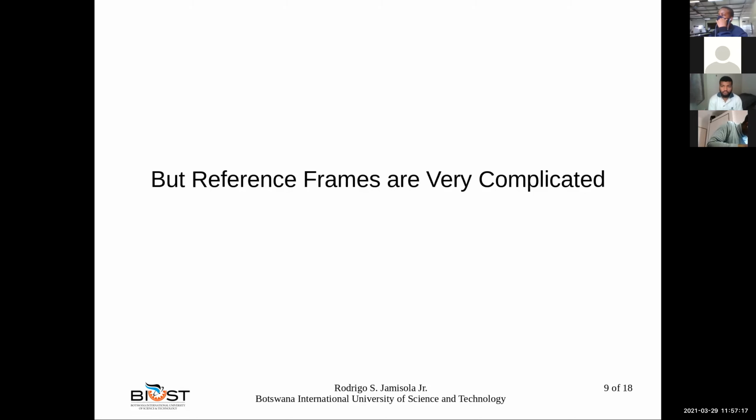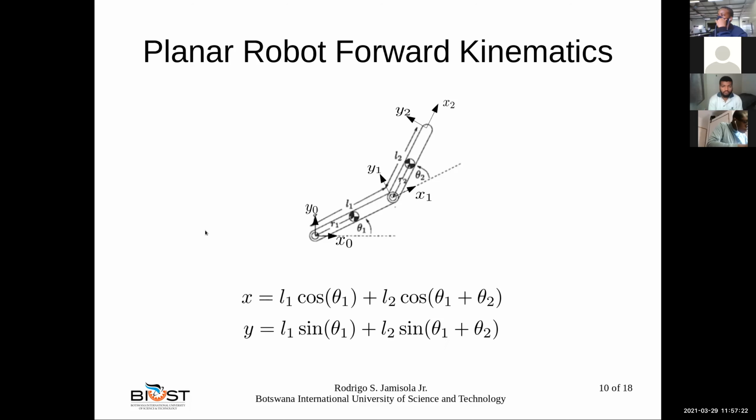Before we use reference frames, let's just compute mathematically what happens to the hand position of the robot when each of the joints are moving. So in this case, we have a planar robot. Planar robot means it lives in a plane. It moves within this plane, it doesn't move outside of the plane.